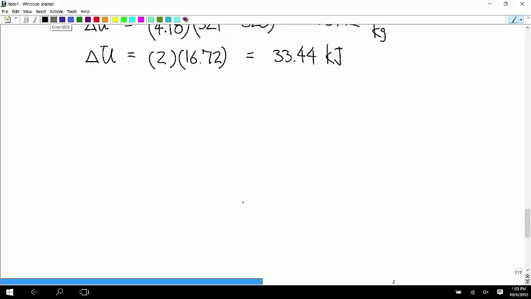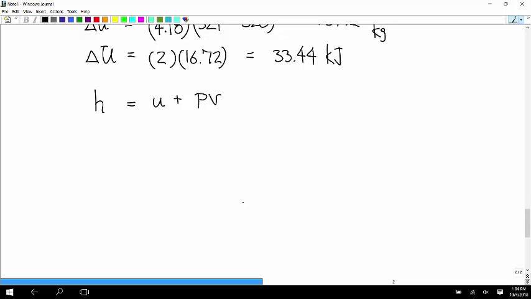Okay, so now we want to calculate the change in enthalpy. How are we going to do that? Well, specific enthalpy is defined as specific internal energy plus PV.